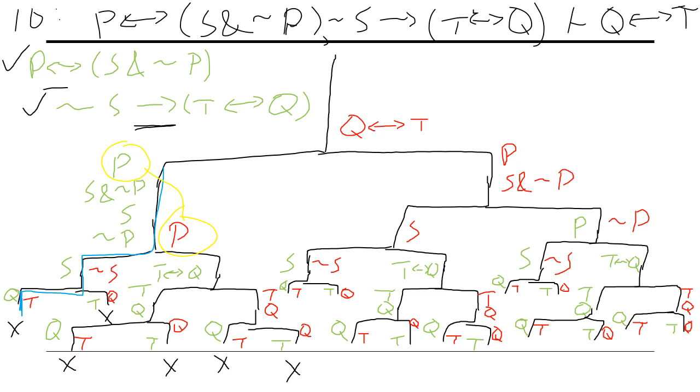So now we know that all of those branches are done. Now let's look back up through here. I see that I've got an S and an S on both sides there. So that will close off this one and this one.